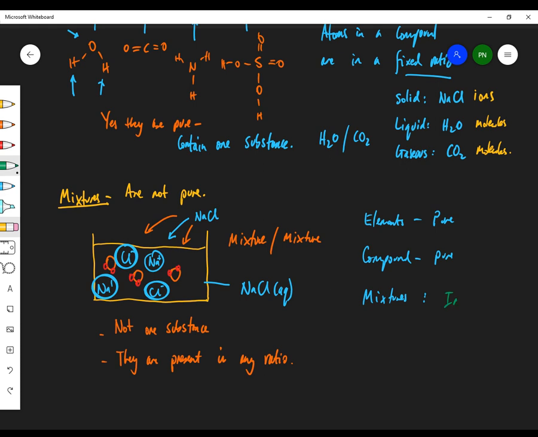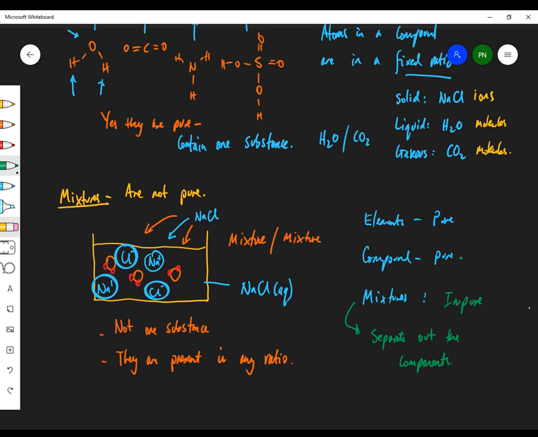Because of that, the components of a mixture are not bonded together. Mixtures are relatively easy to separate. We can separate out the components quite easily. Compounds, it's very hard to separate bits of compounds. We can do it, but we can't do it easily.